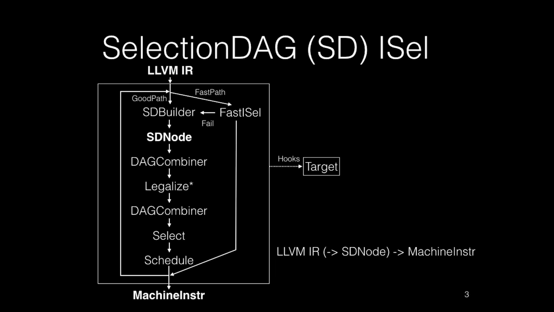As you can imagine, this has a lot of problems. First, it's a basic block scope. Like I said, you have to do this selection for each basic block. That means that you have a very narrow scope of what you can see.